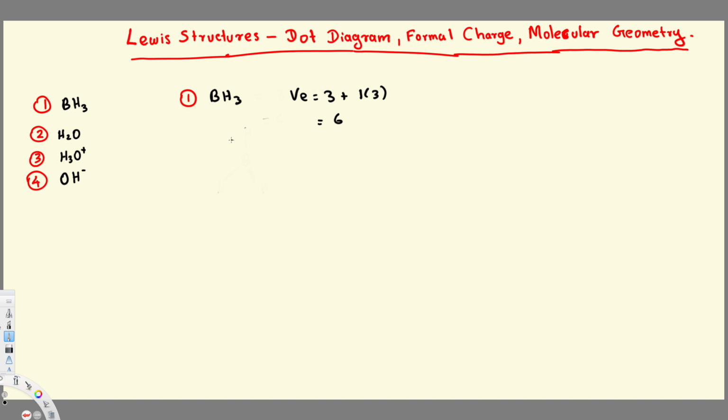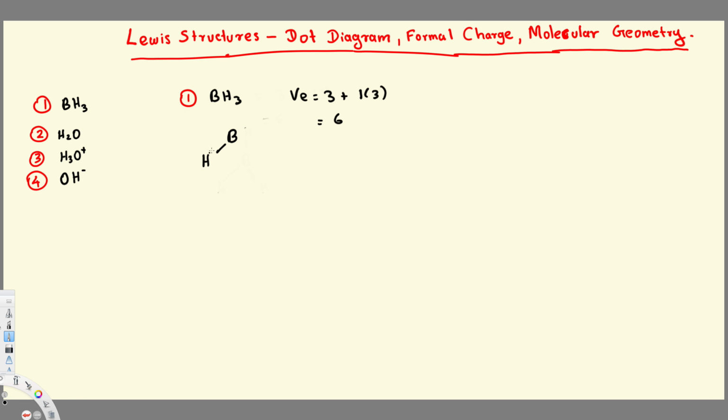Now we have to draw the diagram. We are going to have 6 electrons. Let's connect the bonds first. Hydrogen can only have one bond because the maximum number of electrons hydrogen can have is 2, right?